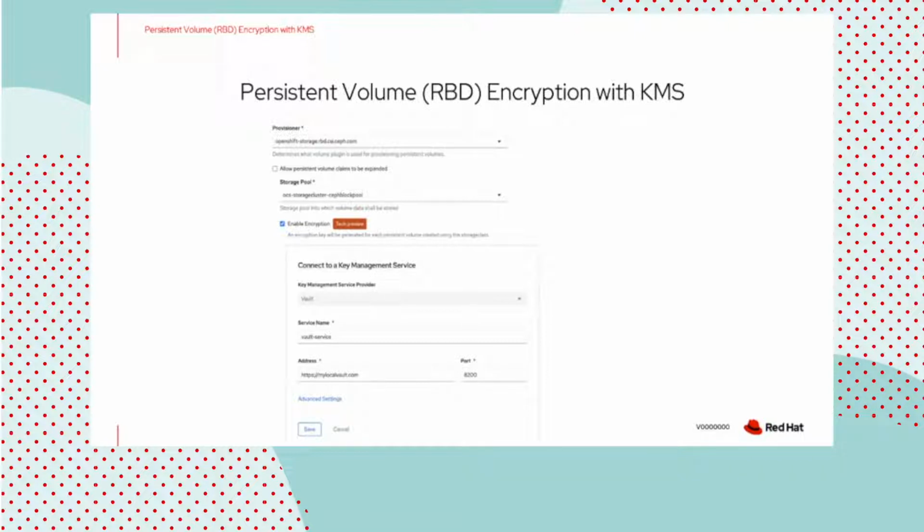And with that, you are done. And again, there is also an opportunity to use different key management system instances, or even a different provider in that case. But currently, we support only the HashiCorp Vault system.